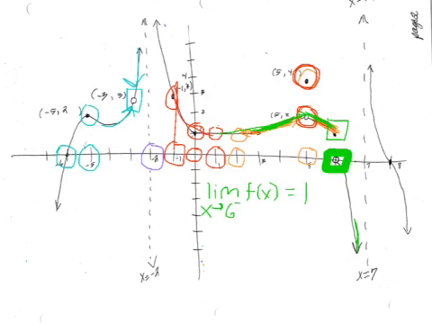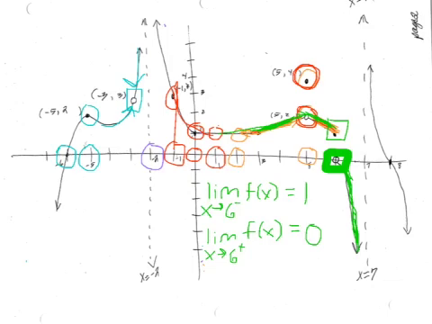Now we want to find the limit as x approaches 6 from the positive side of the graph. As we approach it from the positive side, we're coming in from the positive x values, and it looks like we end up at the y value of 0 at that hole. So as you can see, we got two different values from the limits.